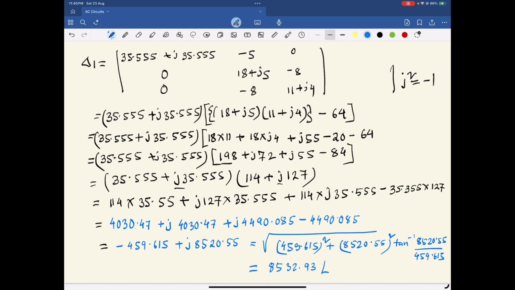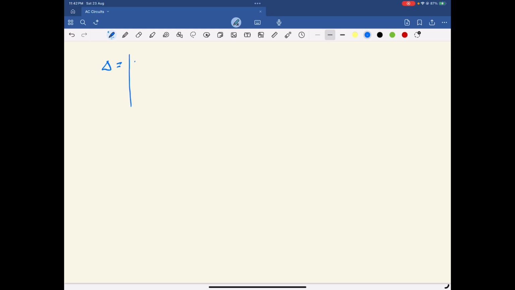Now I have the value of del 1. Then I have to find the value of del. For del, again I have to write down the matrix as it is formed.